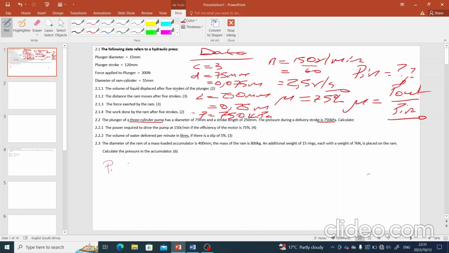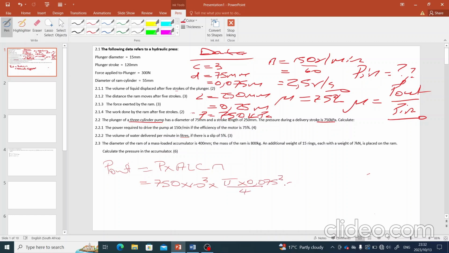Then power out would be pressure multiplied by area, stroke length, number of cylinders, rotational frequency. This is the formula. Do we have pressure? Yes, it is 750 times 10 to the power 3, multiplied by pi multiplied by 0.075 squared divided by 4.